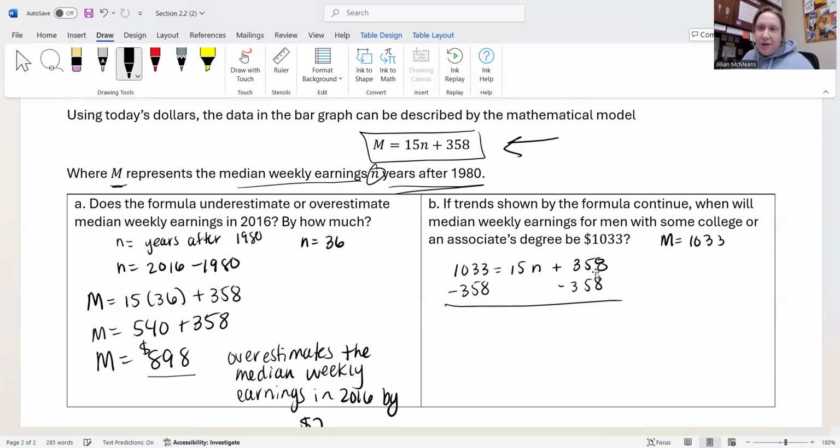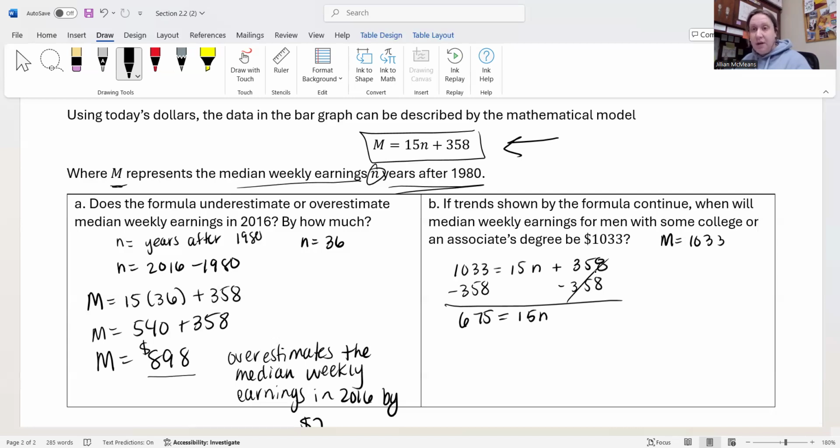So again, I'll allow the calculator just for the sake of time. So we get 1033 minus 358. We get 675 equals 15N. And the reason we get just plain 15N is if you look at positive 358 minus 358, that just equals 0. 15N plus 0 is just plain old 15N. So now we have 675 equals 15N.